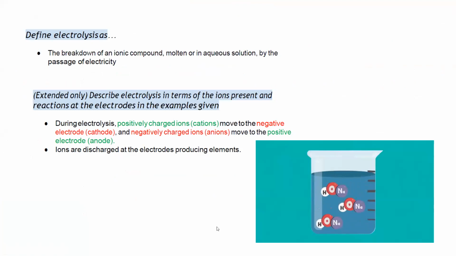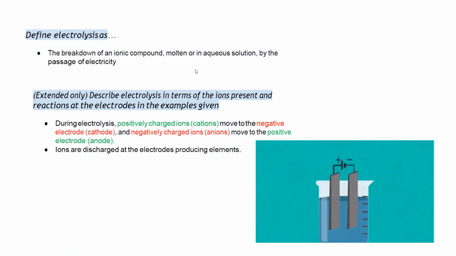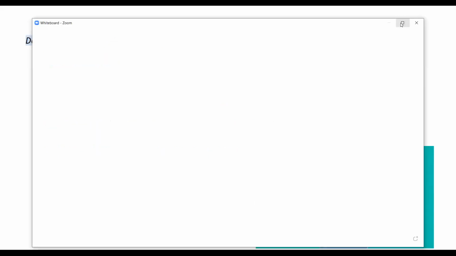So when we pass the current through a molten or aqueous solution, we call that process electrolysis. For electrolysis, you have to first learn the labels.